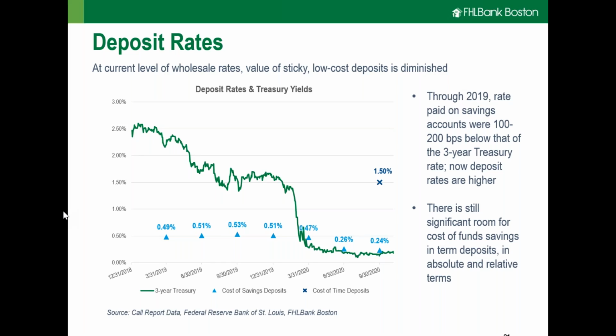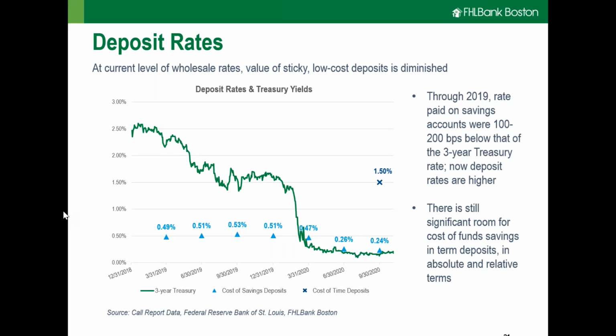Now where we are in terms of rates, not only is there no spread, Treasury yields are right on top of where savings deposit rates are. Deposit costs have come down slightly, but you can see going from that 50 basis point range down to 25 basis points, there really are not many levers to pull in terms of lowering deposit costs when it comes to non-maturity deposits.